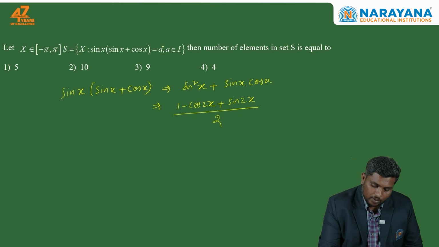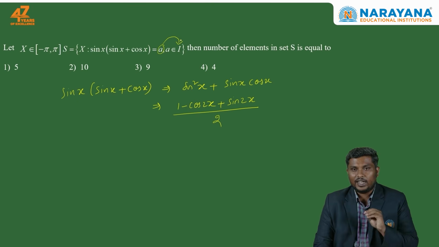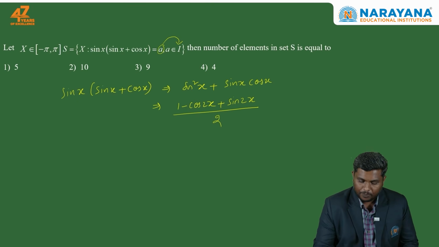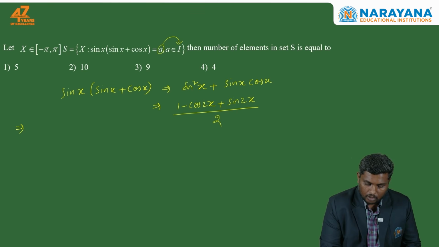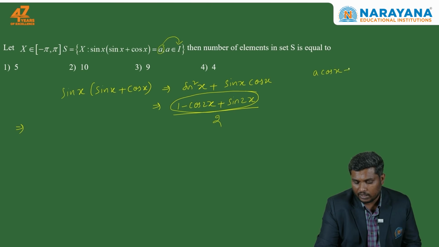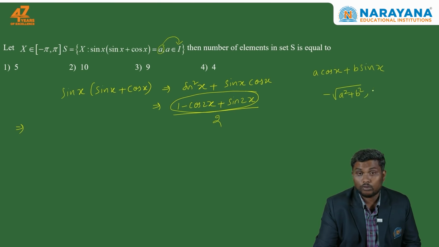Now he is talking about this being a, where a belongs to integers. He is talking about the integers in the range of this expression. So you could easily see what is the range of this expression. One could easily recollect the formula. What is the range of a cos x plus b sin x, which is minus root over a square plus b square to root over a square plus b square.